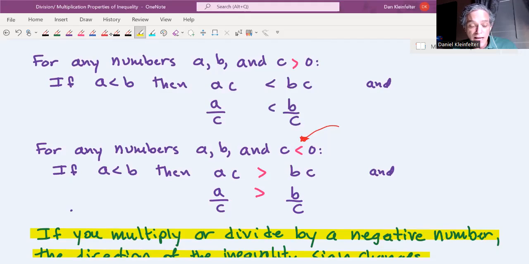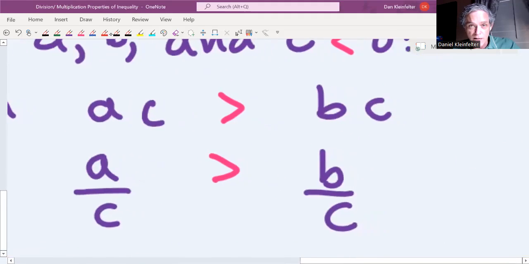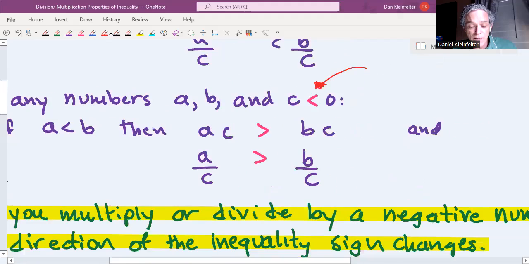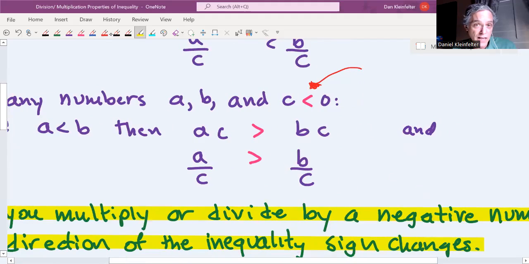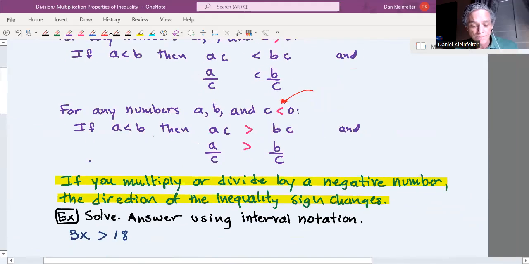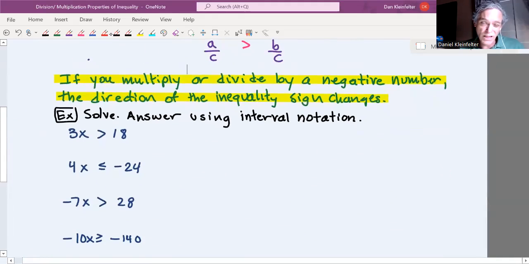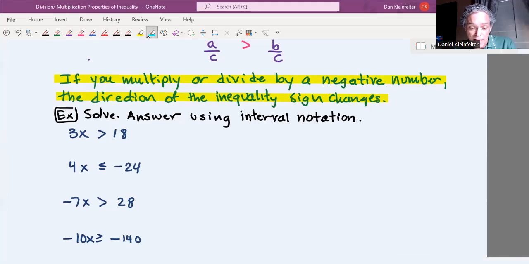Where originally we had a is less than b, when you multiply by c, you now have ac is greater than bc, and a divided by c is greater than b divided by c. So if c is negative, and a is less than b, and you multiply or divide by a negative, the direction of that inequality sign switches. That's what the yellow highlighting says, and that's the one thing that you really have to be careful of here, so we'll just practice that.